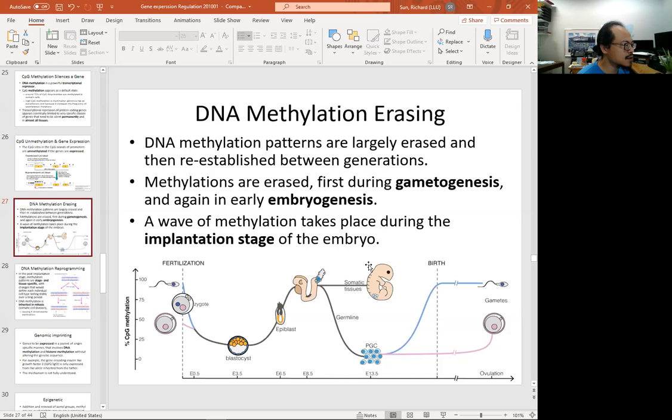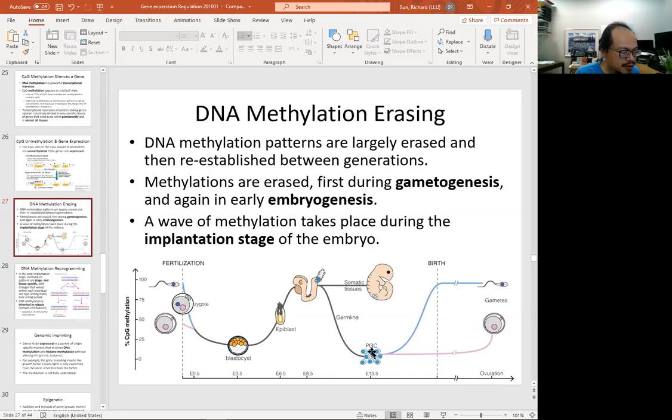There's another stage, when cells produce the stem cells for sperm and egg. This is gametogenesis, to produce the sperm and egg.